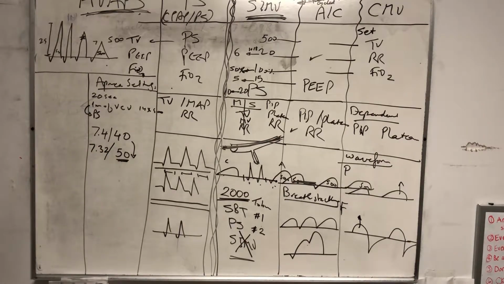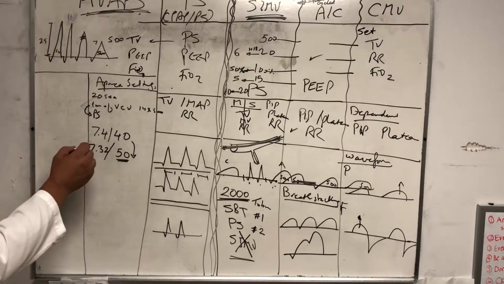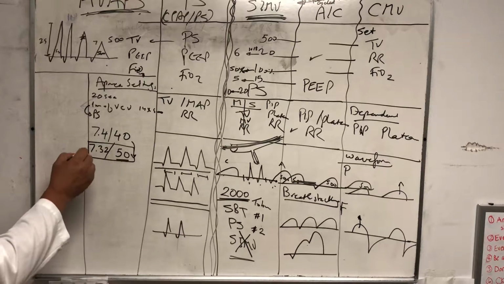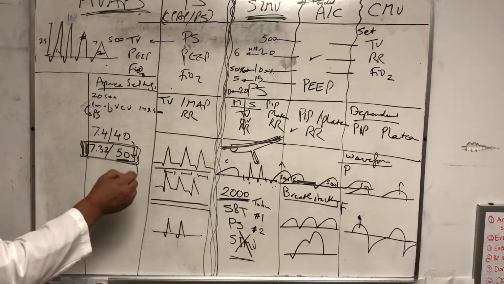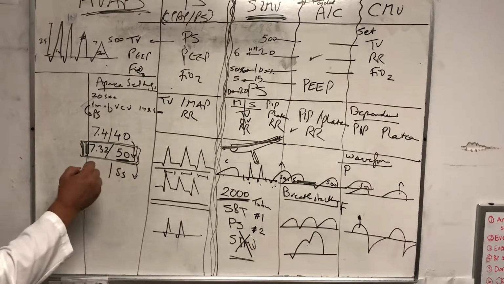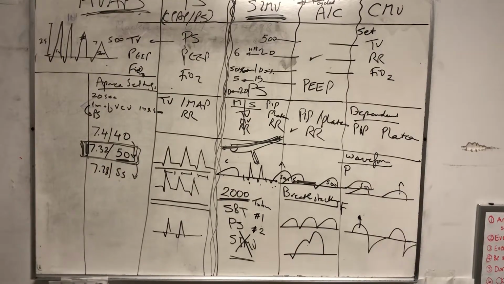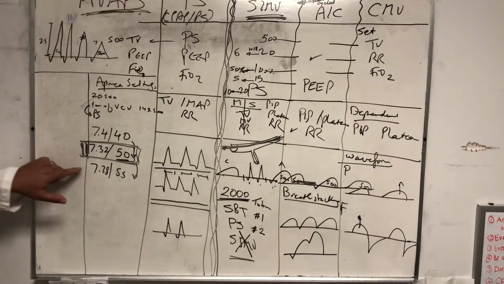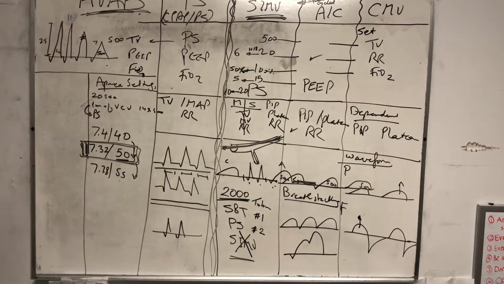When I reach 7.32, the respiratory center says, enough, take a breath, continue. That's most of our patients, right? Most of our patients are here, at 7.28. So I keep talking until I reach here. If I give myself morphine, I'll be able to reach here.